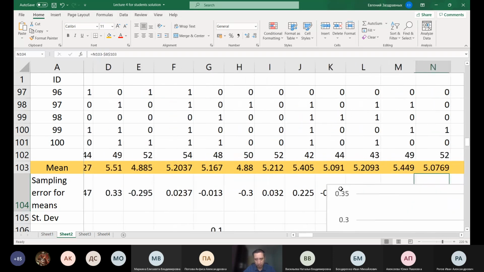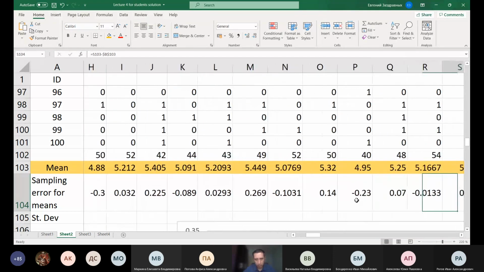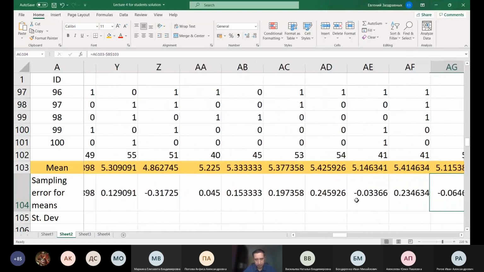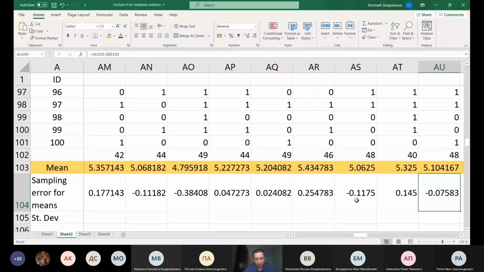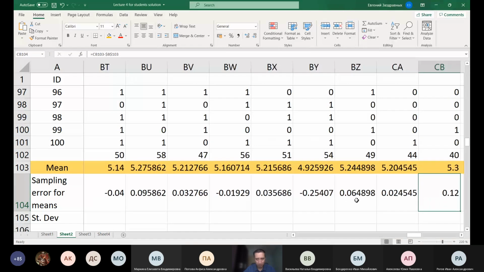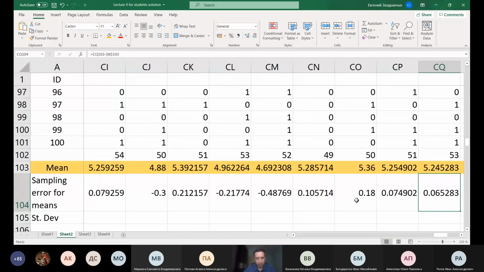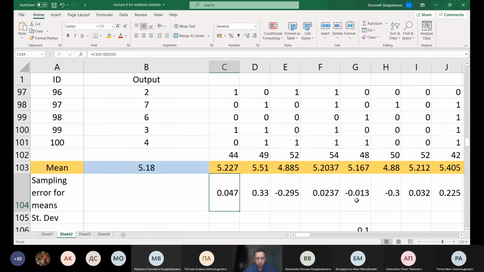And if we look at our numbers, I'm sure that we won't find zeros. All sample averages are either higher or lower than the population average. Okay, we see that our numbers are either overestimated or underestimated.